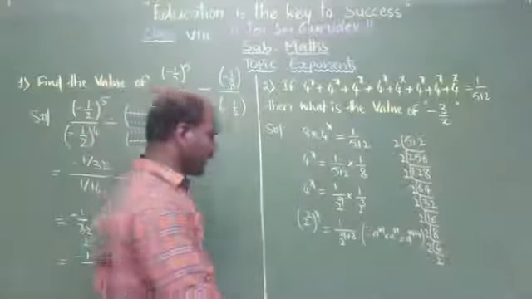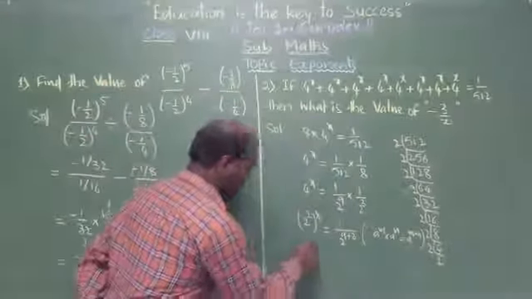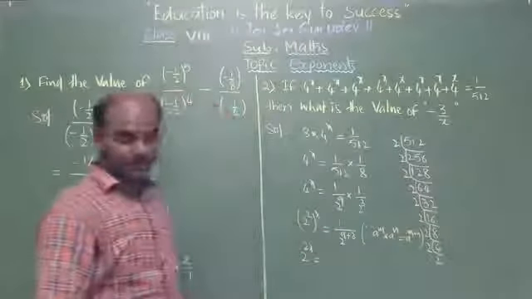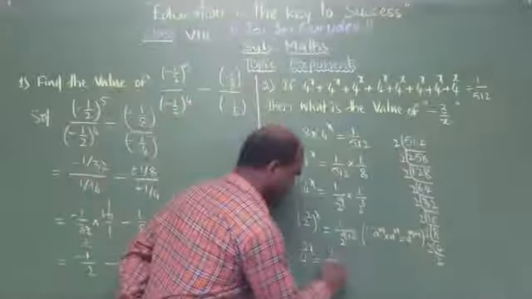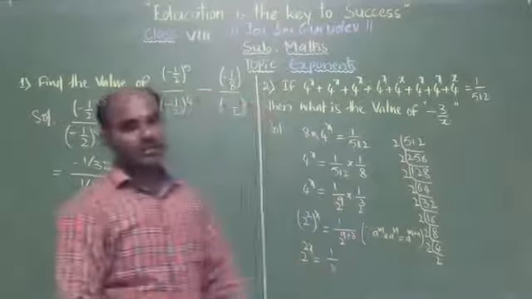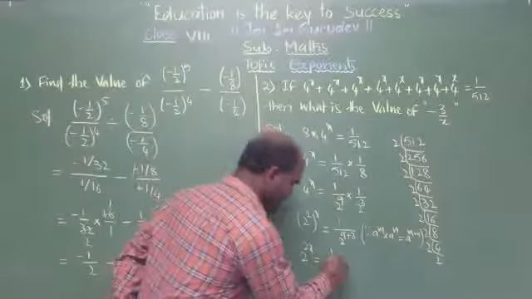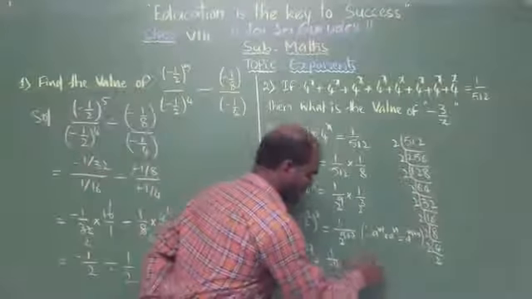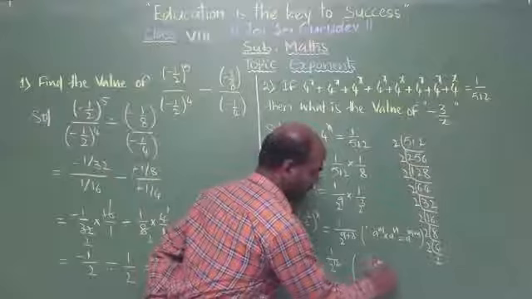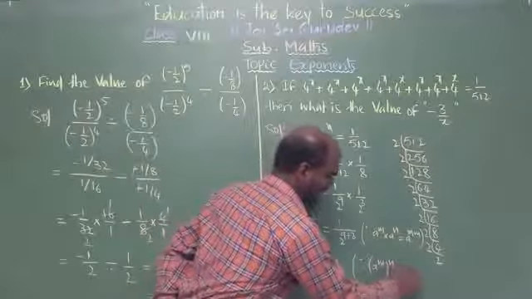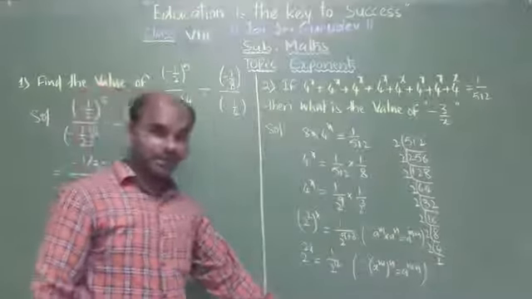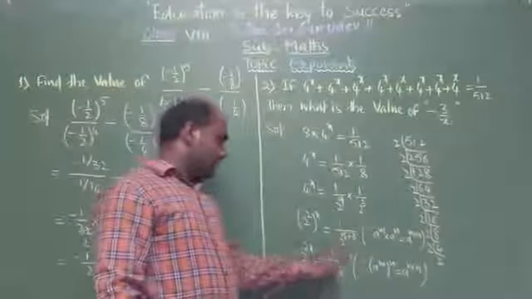So then 2 power 2 into x, that is 2x, is equals to 1 by 2 power 9 plus 3, that is 12. By which formula is this written, children? That is a power m whole power n is equals to a power mn. Based on that we wrote 2 power 12.